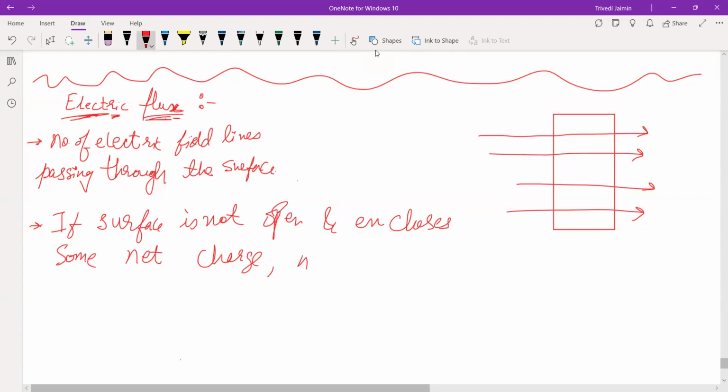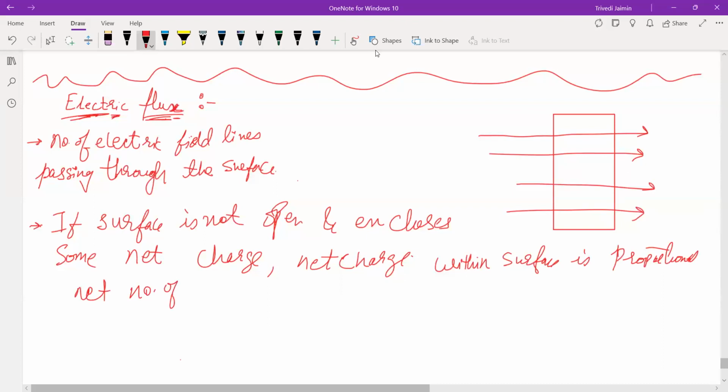So therefore, the total charge within the surface is proportional to the net number of lines that go through that surface.